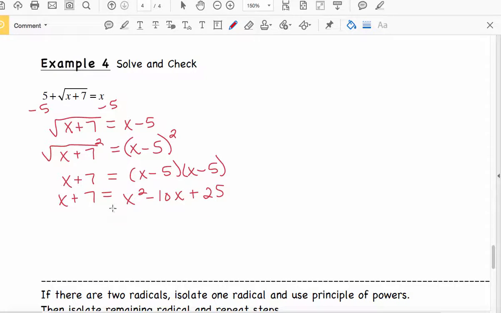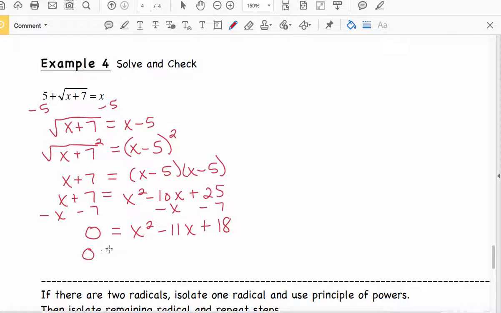And then I notice that I have a quadratic equation with all three terms. I have an x squared, an x, and a constant. So I'm going to go ahead and move everything to one side of my equation and see if it's going to factor for me. So we get 0 is equal to x squared minus 11x plus 18.